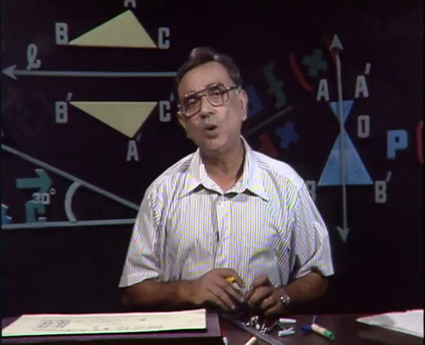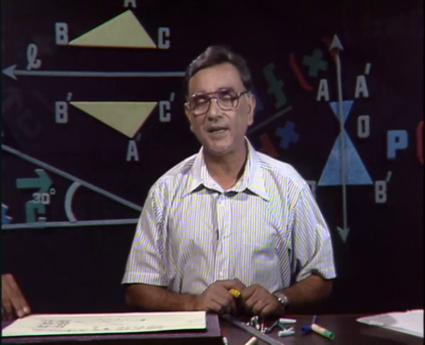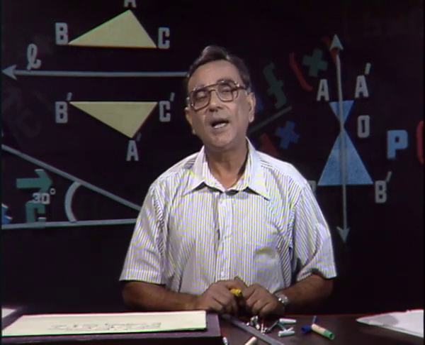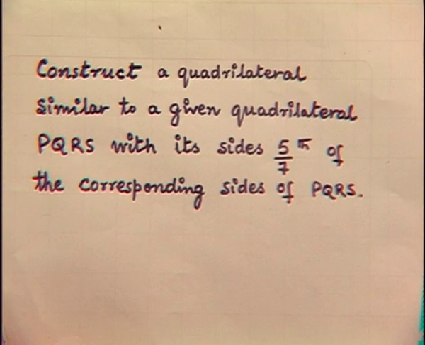So, this is how we make use of the basic proportionality theorem and similarity in constructing a triangle which is having a ratio to the given triangle. Besides triangles, it is possible for us to construct a quadrilateral whose sides are proportional to the given quadrilateral. Let us see a problem.